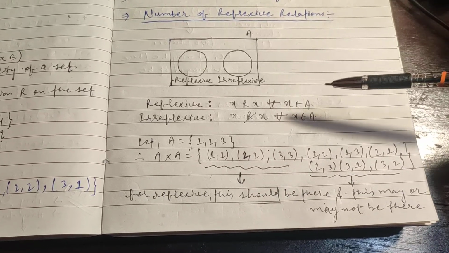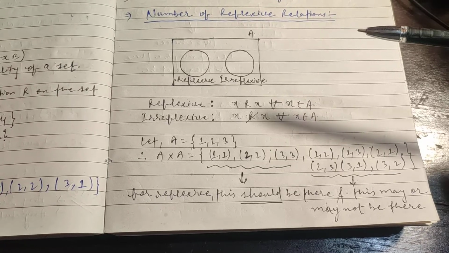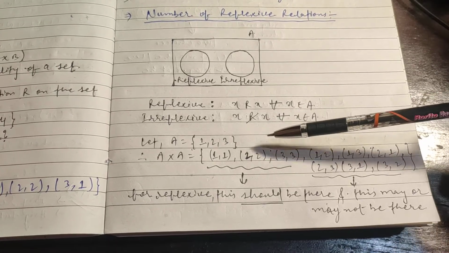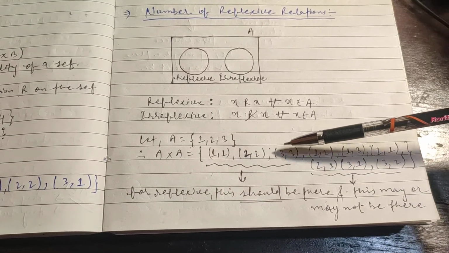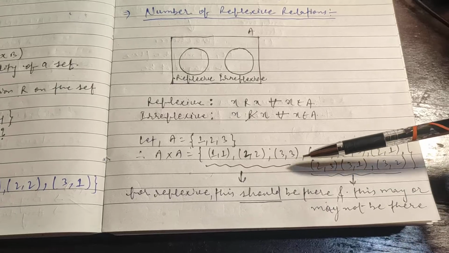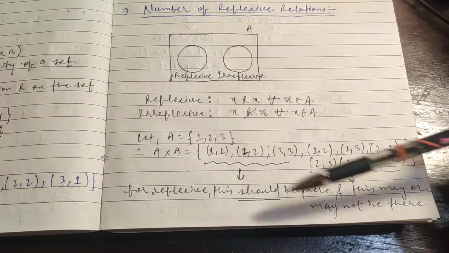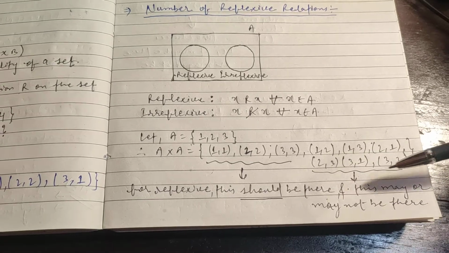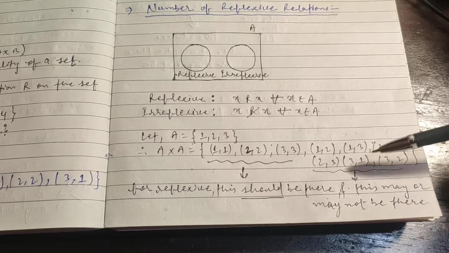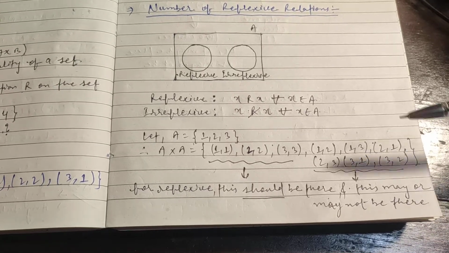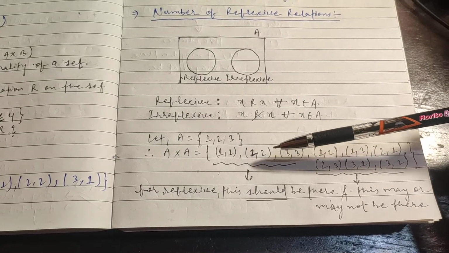Now the condition for a relation to be reflexive is that these elements, the similar types of elements we are seeing here, 1 1, 2 2, 3 3, should be present. They are mandatory, and these others can be present or not present. This is purely a matter of choice. So we will have to count the choices of this also and count the choices of this also.